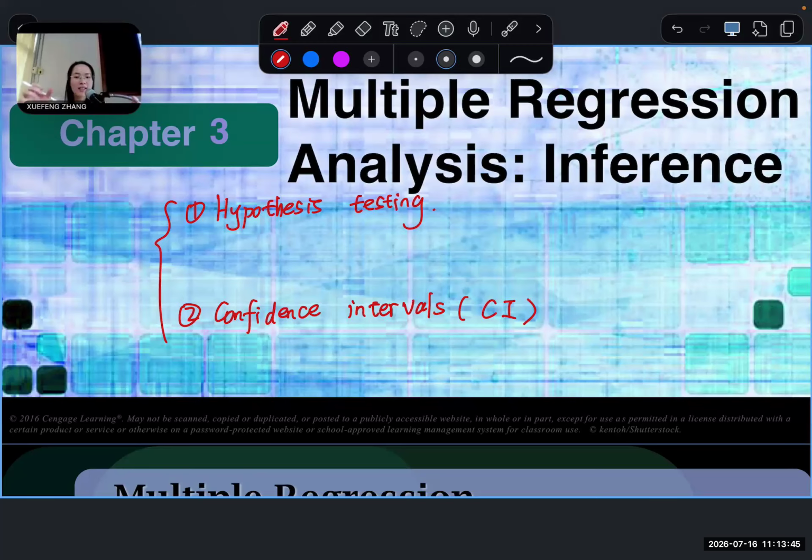So confidence interval is going to give you a range for our estimate of the true beta. To do either of these, hypothesis testing or confidence interval, we need one more assumption beyond MLR1 to MLR5.